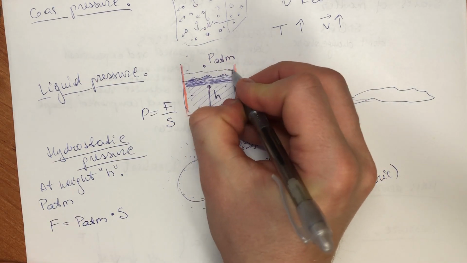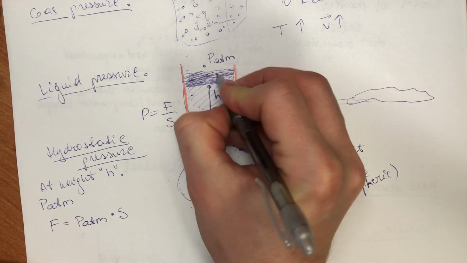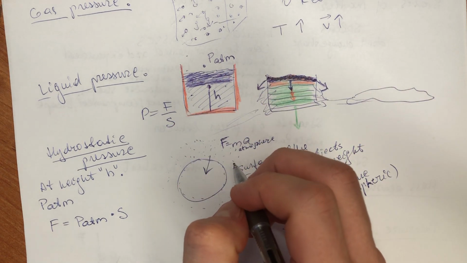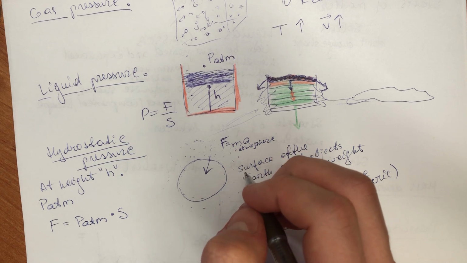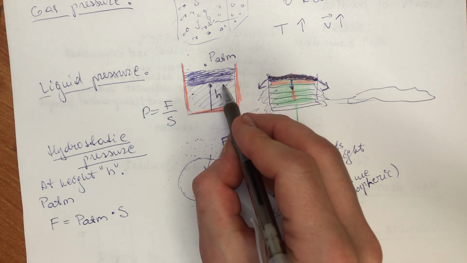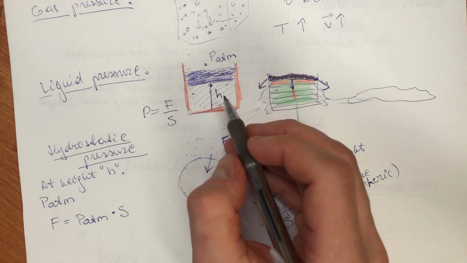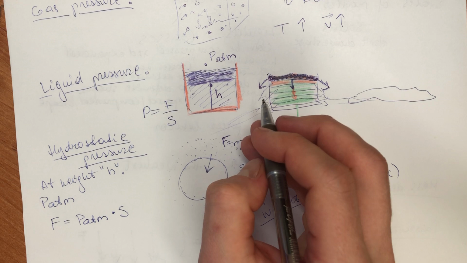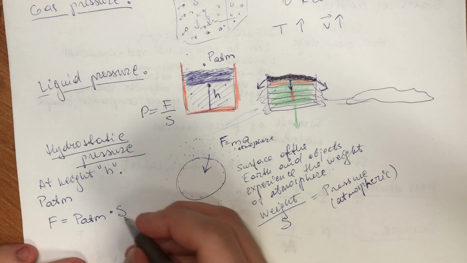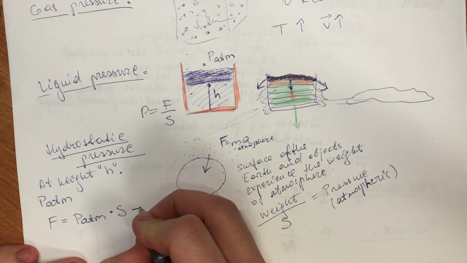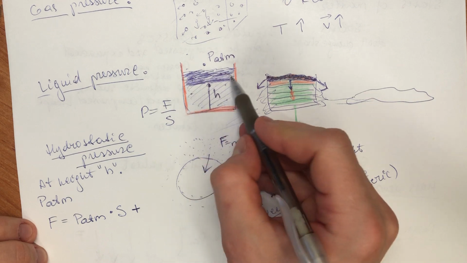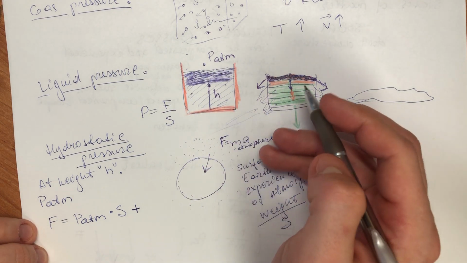We may increase the amount of water, so there is a weight of the water above, and this water is pulled down. So the forces on this point are the force due to atmospheric pressure, and also the weight of this layer of water, of this mass of water.